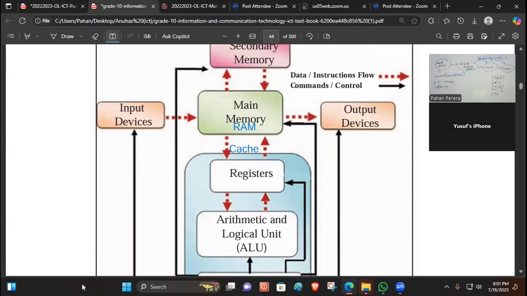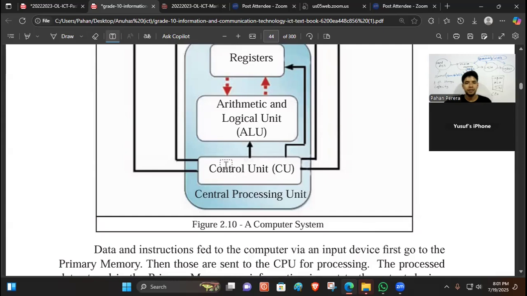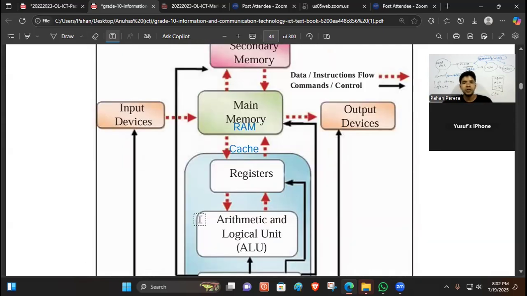But these continuous lines are commands or controls. They are used to control the computer. See here, the control unit is also a part of the central processing unit. Using this control unit, it can control all the components in the computer, the input devices and so on.